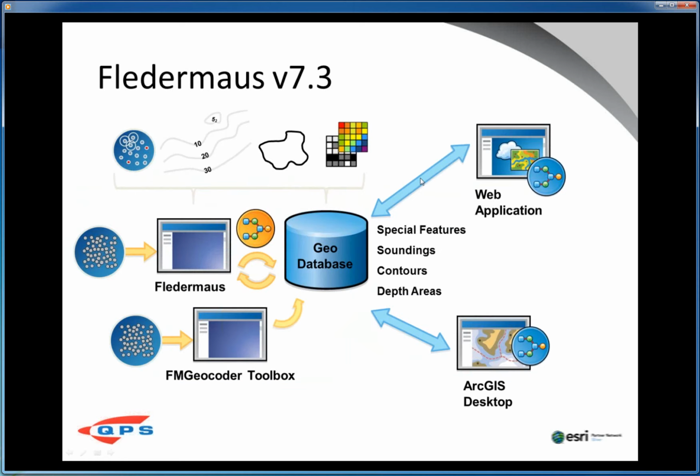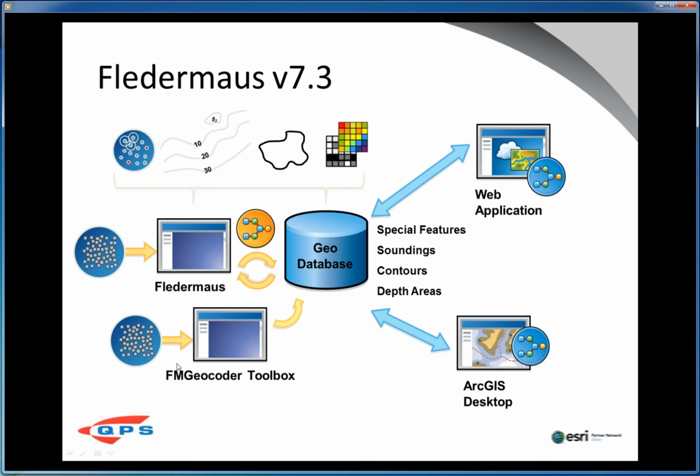All right, so just basically this is what the integration, how it works, a little schematic. You have data coming into Fledermaus: raw soundings, ungridded data, dense multibeam bathymetry. It comes into Fledermaus where we can do our bathymetric processing and we can create products. These products can then go into the geodatabase, and from the geodatabase can go into ArcGIS desktop or the Esri web applications.